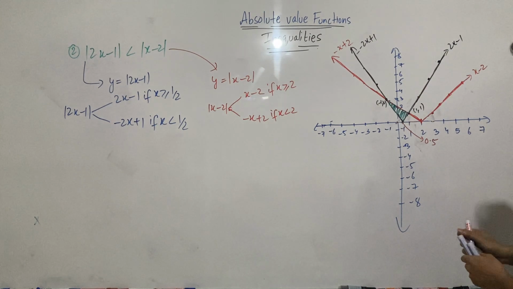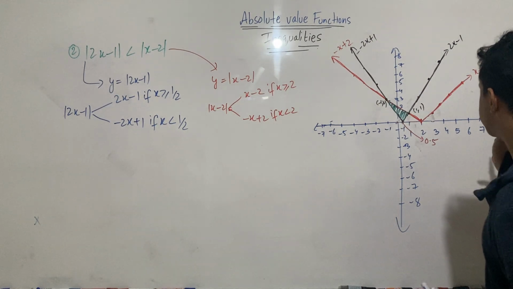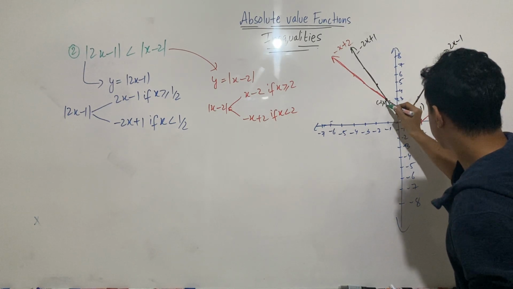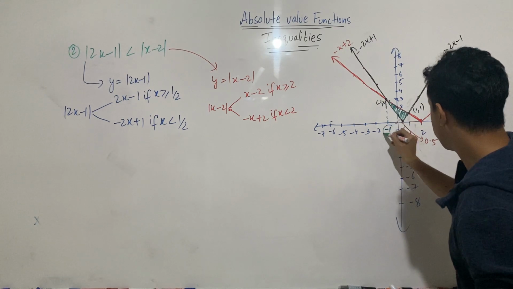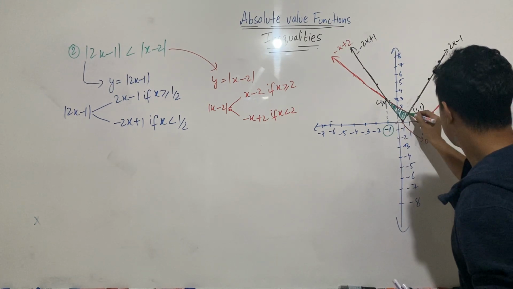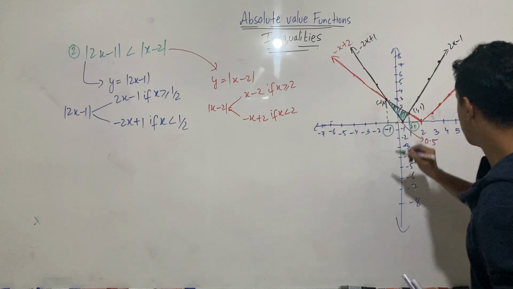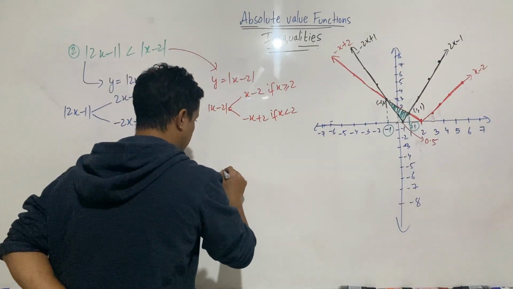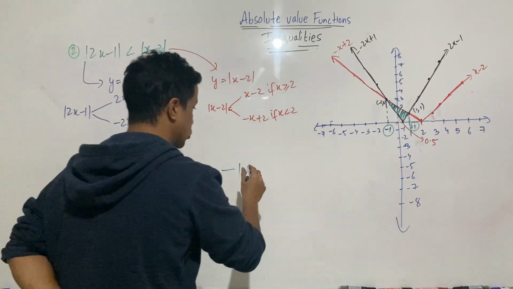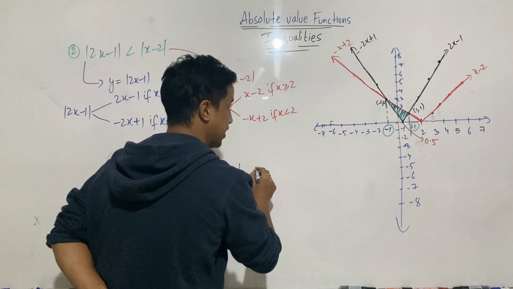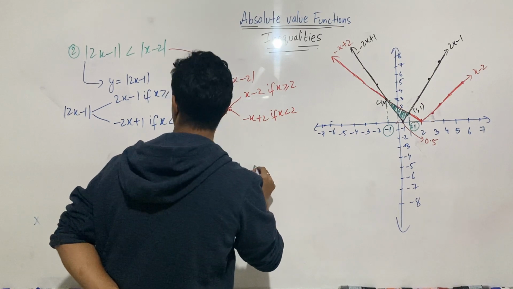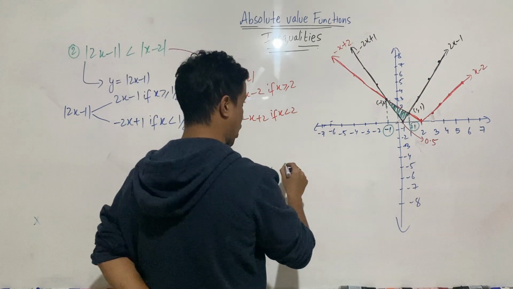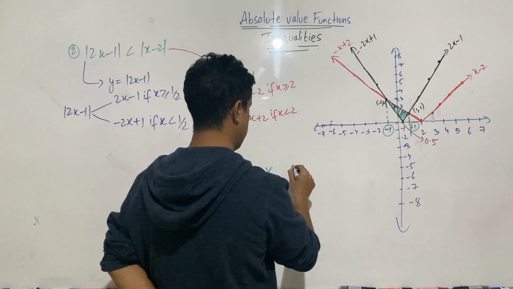So what does it mean? It means that this is your minus 1 and this is your plus 1. So the value of x is going to stay between minus 1 and 1.